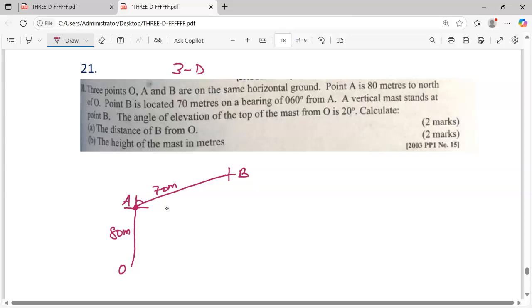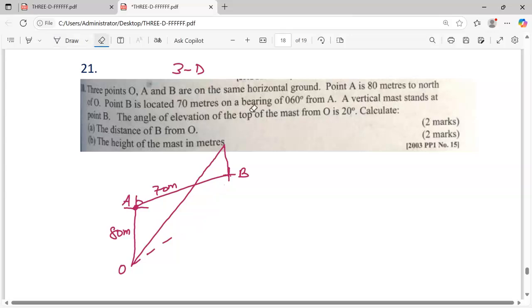A vertical mast stands at point B, and we are told that the angle of elevation of the top of the mast from point O is 20 degrees. So we move from point O towards the top of the mast, and this particular angle is 20 degrees.